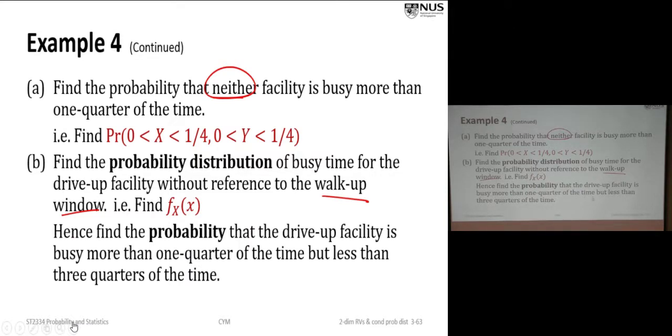Then find the probability that the drive-up facility is busy more than 1/4 of the time, but less than 3/4 of the time. So in other words, we look at x bigger than 1/4 and less than 3/4. We are only concerned about x. We don't care about y.